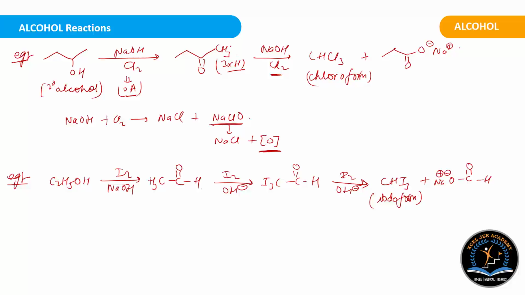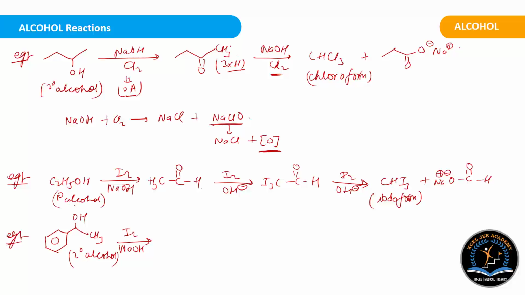Similarly, we can have another example, where there is benzene and there is OH connected with CH3. Now we are adding I2 along with NaOH. So again it will be oxidized to acetophenone. In this case we have a 2-degree alcohol. So a 2-degree alcohol will be oxidized to a ketone, and a 1-degree alcohol will be oxidized to an aldehyde.